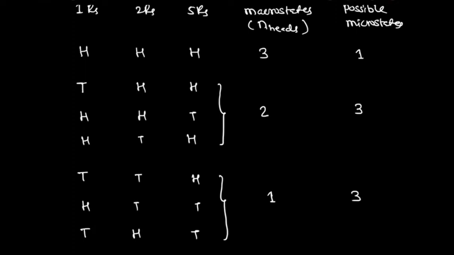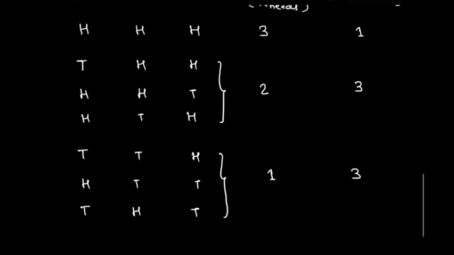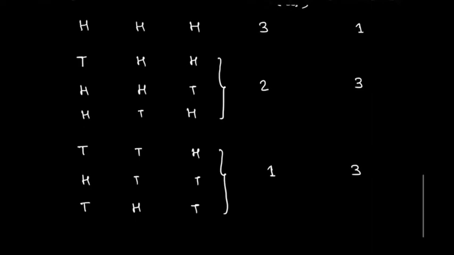Again 3. The last outcome is all getting tail. Macrostate is 0, no head is getting here, therefore it is 0, but the possible microstate is 1.